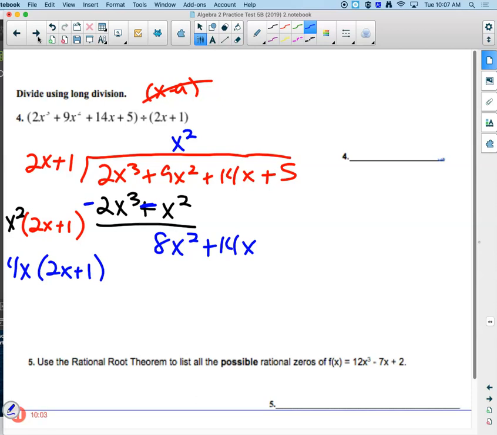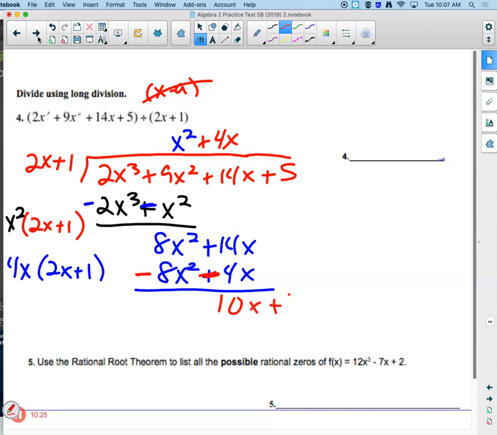Get the first term to match. 8x squared plus 4x. Change the signs. It's working, so we're going to put our little 4x up here, plus 4x. 8x squared minus 8x squared is 0. 14x minus 4x is 10x. And bring down the last term. And let's try it.